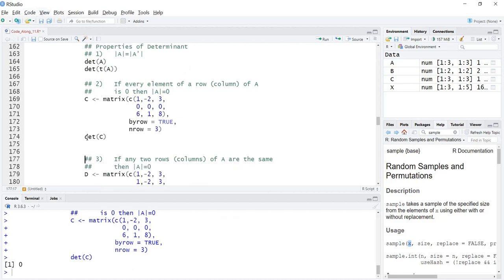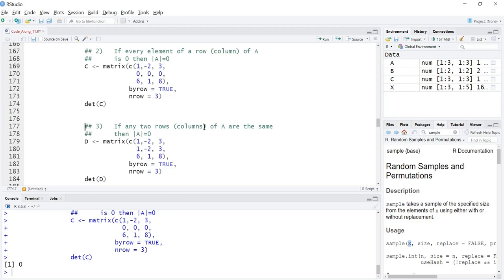Okay? If any two rows or columns of A are the same, then the determinant's going to be 0. So this comes from matrix manipulation. It turns out that I can add or subtract rows, and it doesn't change the determinant of the matrix, or the solutions of the system of equations.